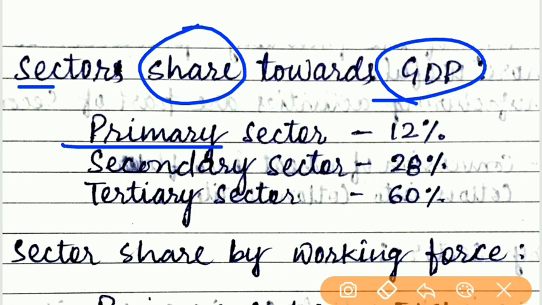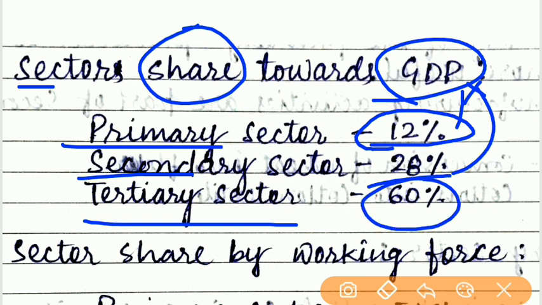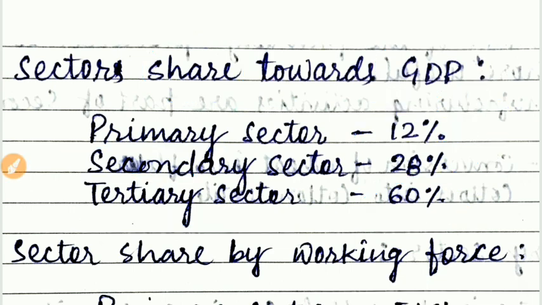So the primary sector has 12% in our GDP and the secondary sector contributes 28% in our GDP. Now tertiary sector contributes 60%, and it is a huge percentage compared to primary sector and secondary sector. So tertiary sector has 60% contribution in our GDP.